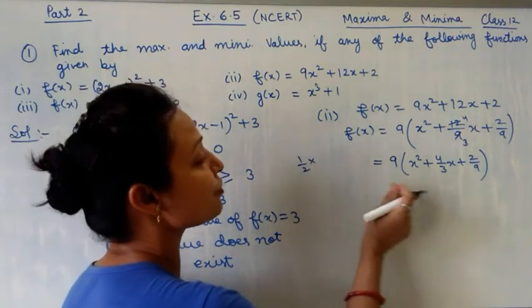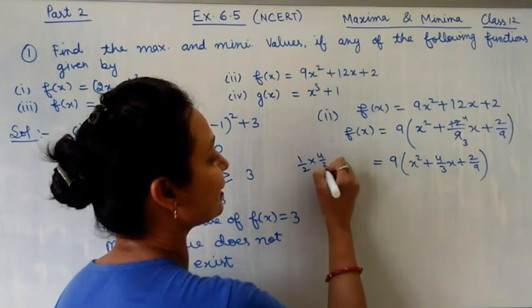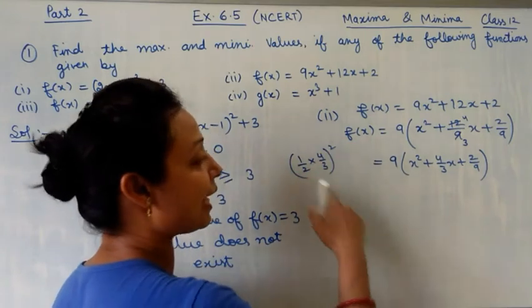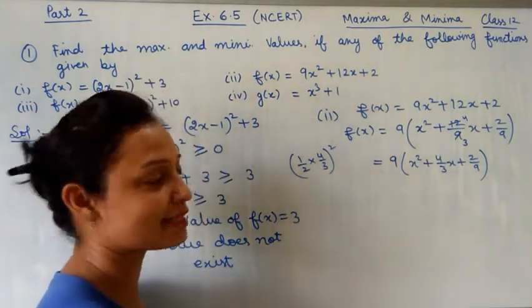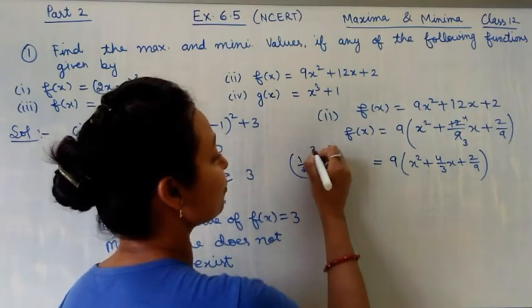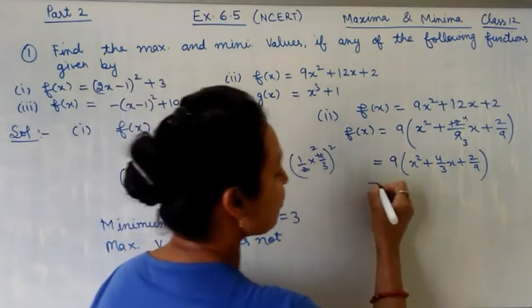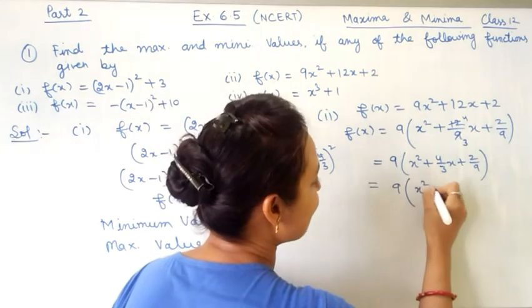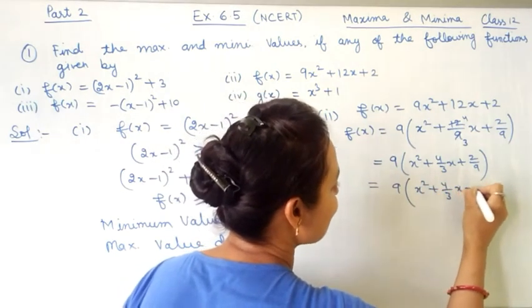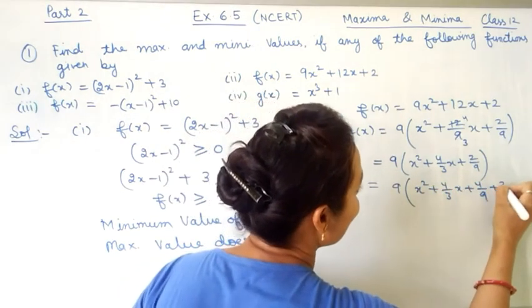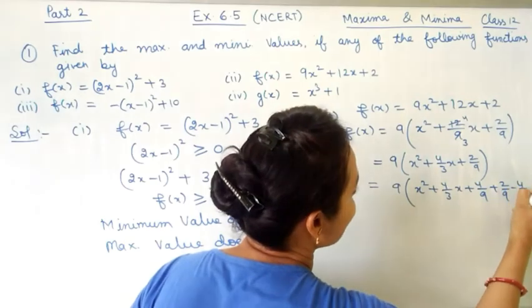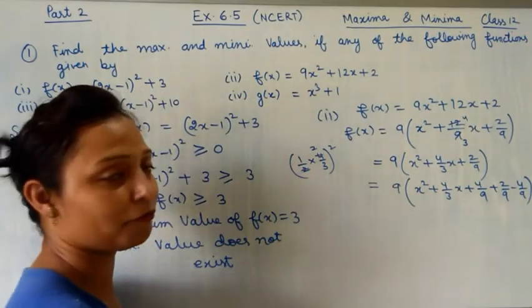Half into the coefficient of x, that is (4 by 3 by 2) whole square, which equals 4 by 9, will be added and subtracted. So I will write x square plus 4 by 3 x plus 4 by 9, and 4 by 9 will be subtracted from it to make it a perfect square.